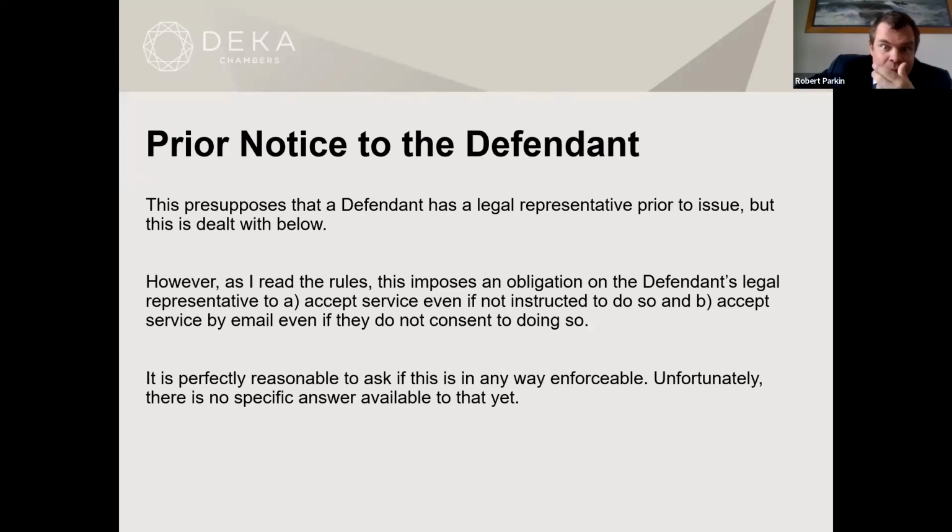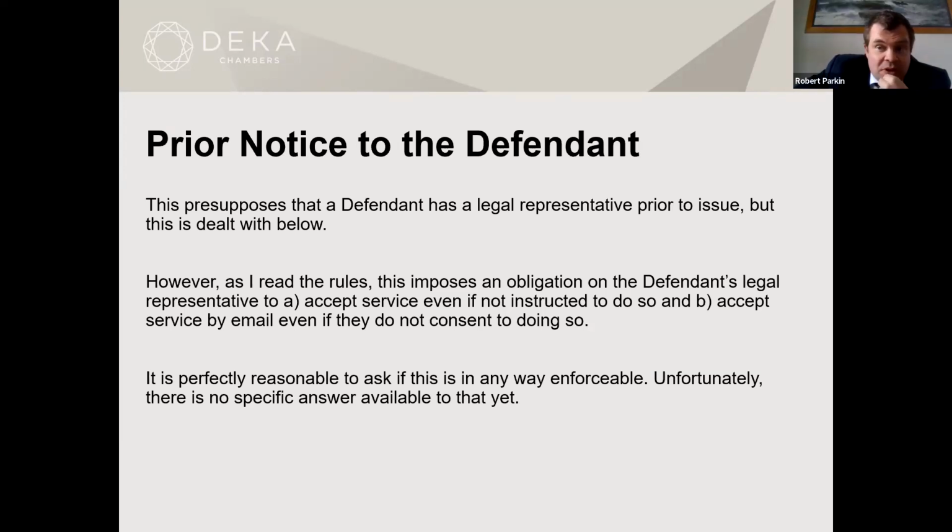But more immediately importantly than that, as I read the rules, it imposes a positive obligation on the defendant's legal representative to provide an email for service, even if the defendant has instructed legal representatives but has not instructed them to accept service, or the defendant's legal representatives are instructed to accept service but are not instructed or willing to accept service by electronic means. So as I read it, the DCP overrules the usual protections provided to defendants' legal representatives in those circumstances.